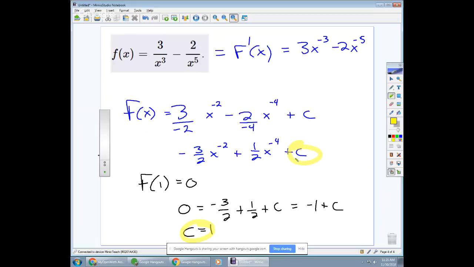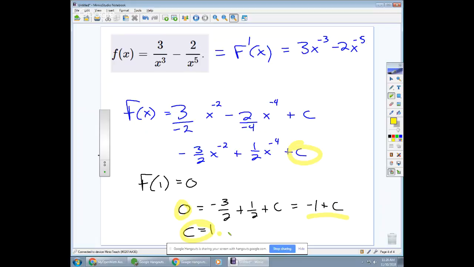How did you get it? I plugged in the 1 here and here, and 1 to the negative 2 is just 1, so I get negative 3/2. 1 to the negative 4th is 1, so I just get a 1/2 there. And C is just C at the moment, so now I have 0 equals negative 1 plus C. To solve for C, we add that 1 to the other side.